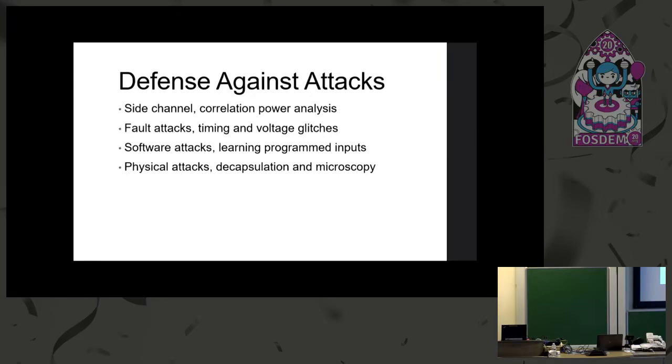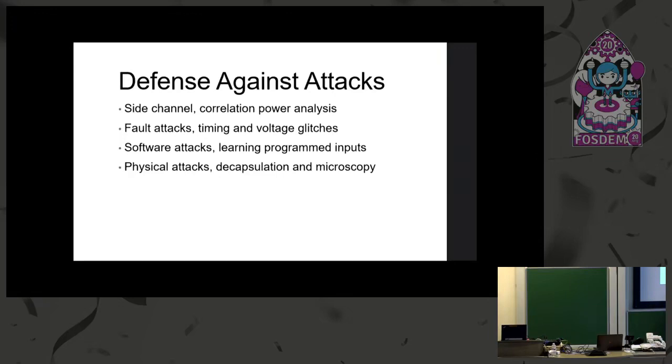Timing, things like oscillator glitching and voltage glitching as well. Once again, each secure element is slightly different. Some are more expensive and more full featured, and others don't have all of these defenses. Some physical attacks are possible on electronics in general.